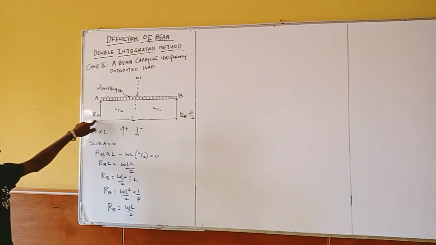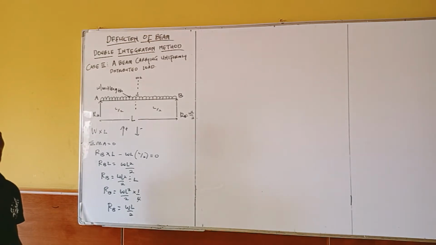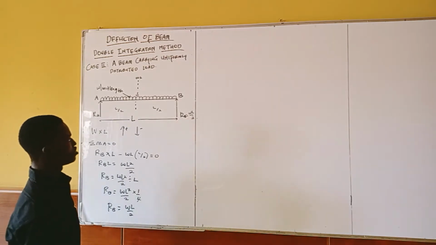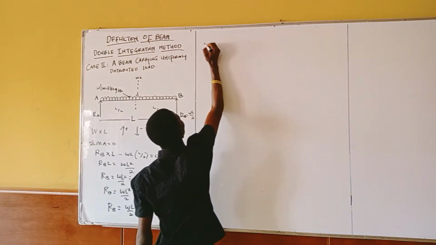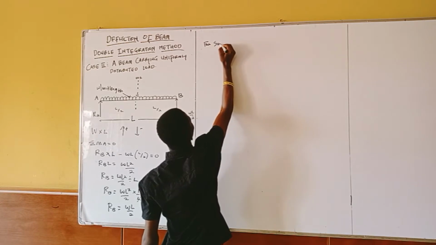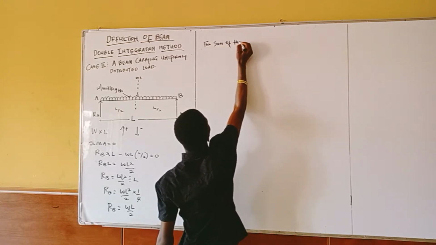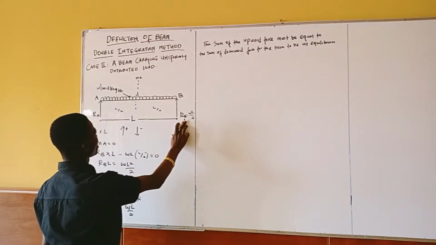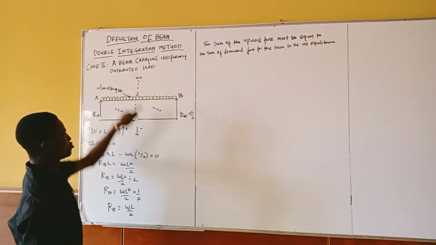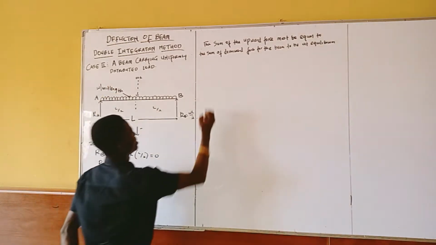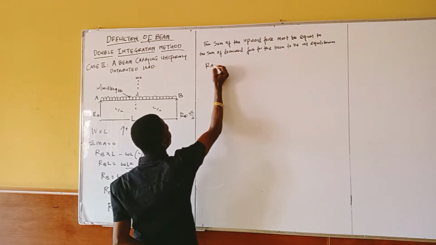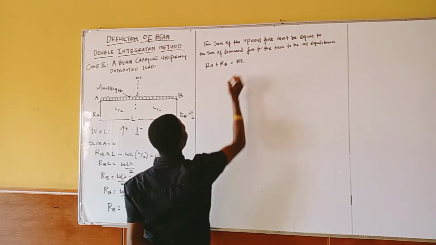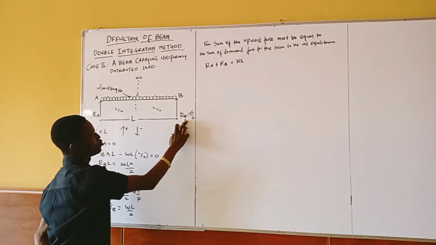So I need to find the value of my RA. For this beam to be in equilibrium, we know that the sum of the upward forces must be equal to the sum of the downward forces. So the weight WL must be equal to RA plus RB, and the value of my RB is WL over 2.